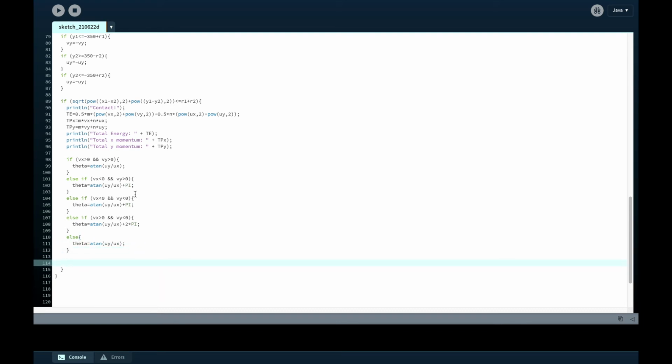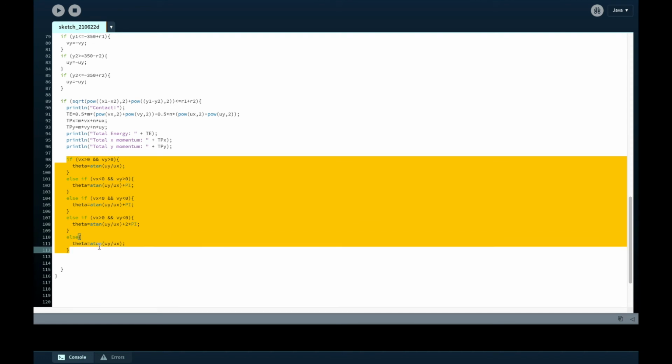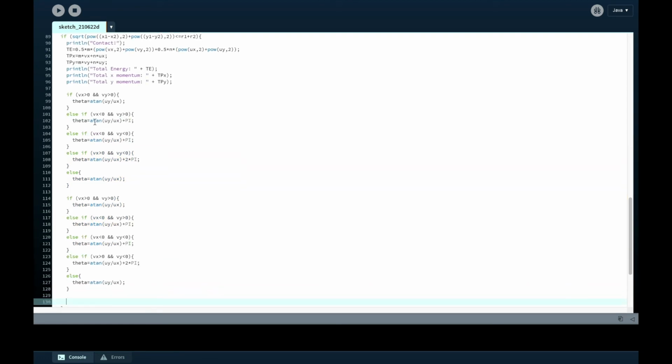And then I'm going to have to do the same thing for phi. So that's done for theta. I'm just going to copy that for phi, because phi is again one of the angles. It's the angle that defines the second object.